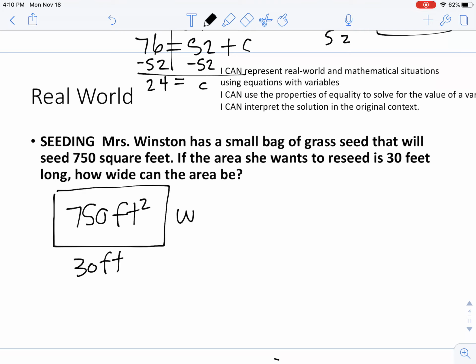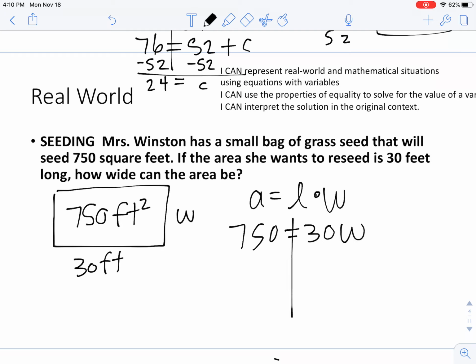To find the area of a rectangle, you take area equals length times width. We know our area is 750, our length is 30, and we're solving for our width.